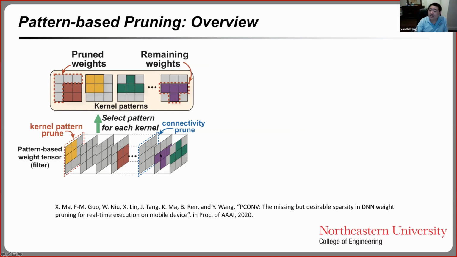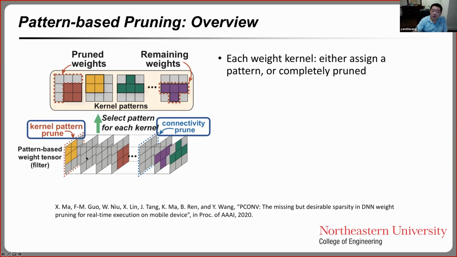We can see that these are convolutional filters using 3x3 kernels. For each kernel, we are going to either assign a pattern or completely prune it. We can see this one is assigned a pattern with a square shape. This one is also with a square shape, and this one is shown as a different pattern.